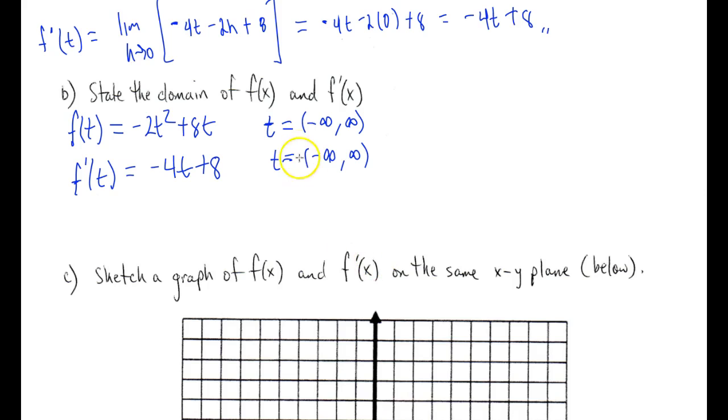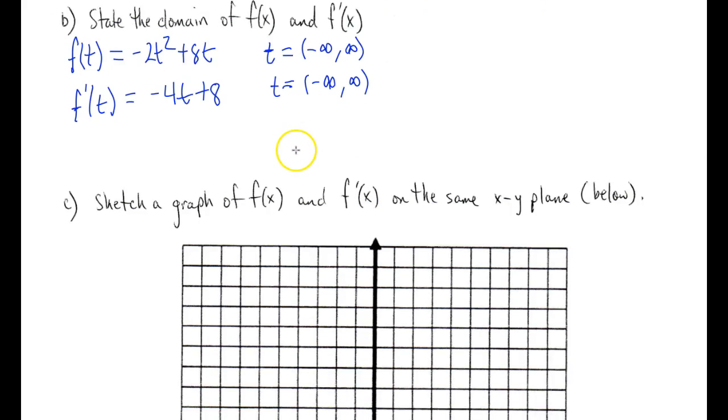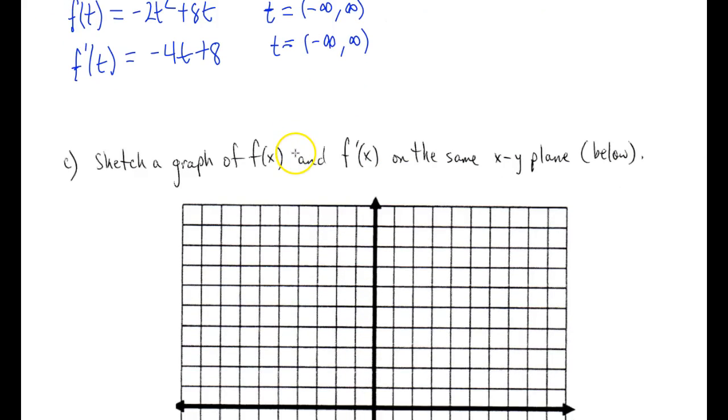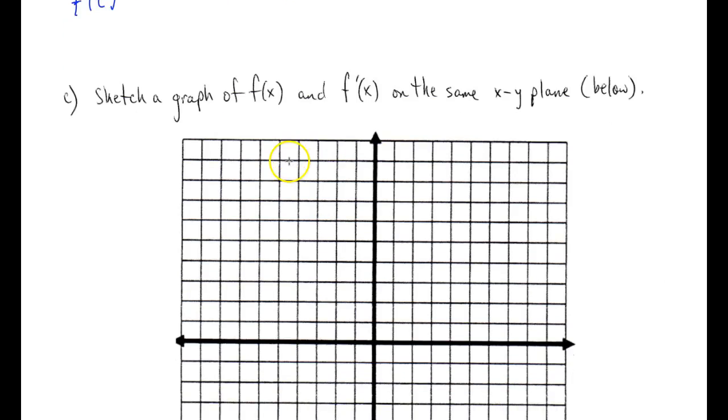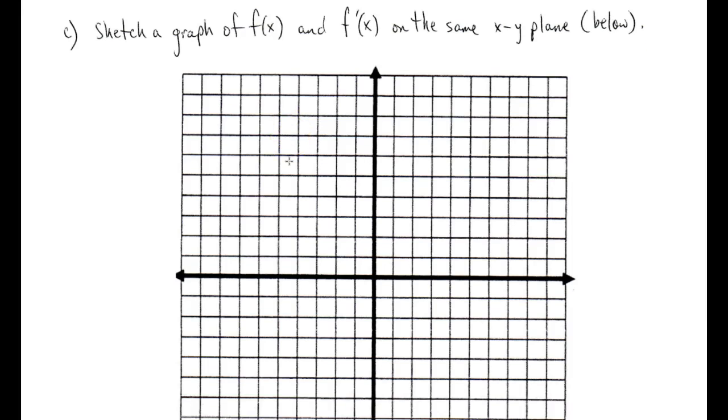So now what we want to do is sketch a graph of both of these functions here, the original function and the derivative, and see how this will actually look on the same plane. Okay, so we're going to go ahead and do that now. All right, so let us go ahead and write down these functions again.